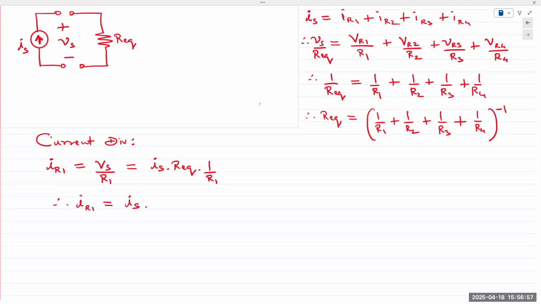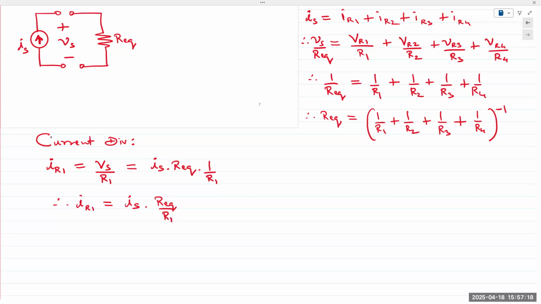So in a parallel connection, each individual current is a fraction of the total supply current, and the fraction is given by the ratio of REQ to that resistor, REQ over R1.